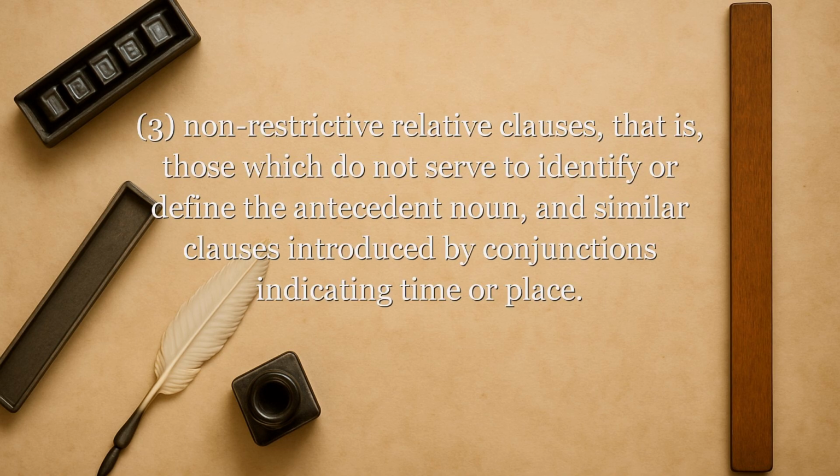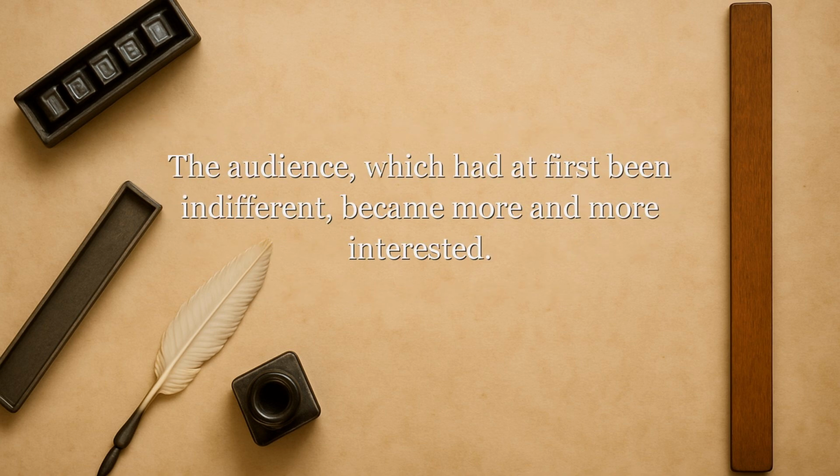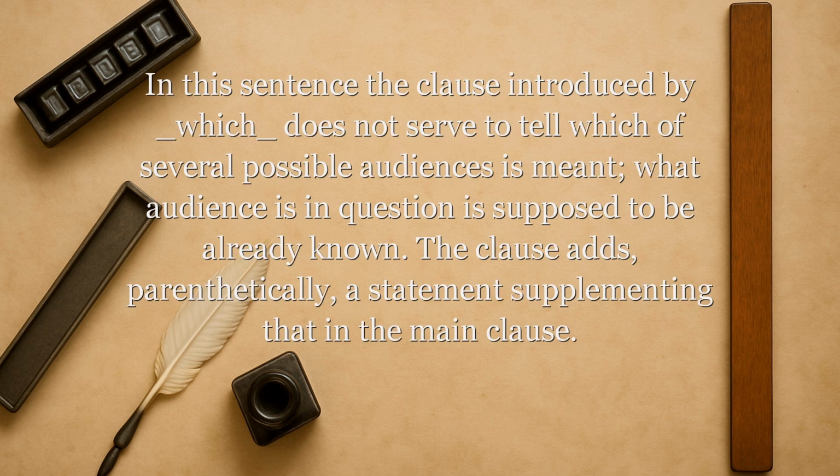Non-restrictive relative clauses, that is, those which do not serve to identify or define the antecedent noun, and similar clauses introduced by conjunctions indicating time or place. The audience, which had at first been indifferent, became more and more interested. In this sentence, the clause introduced by which does not serve to tell which of several possible audiences is meant.